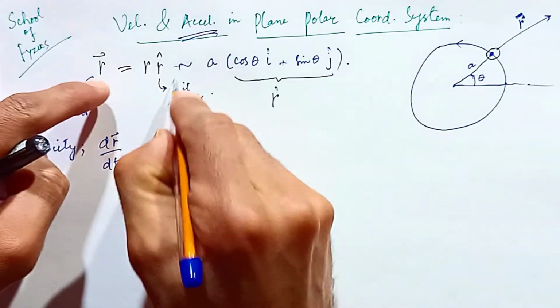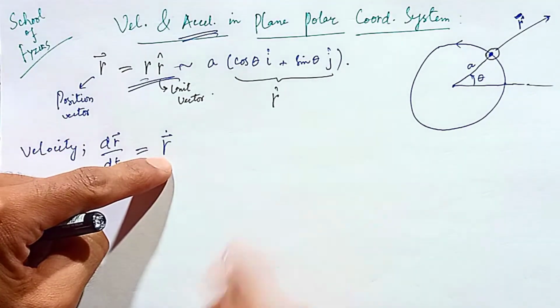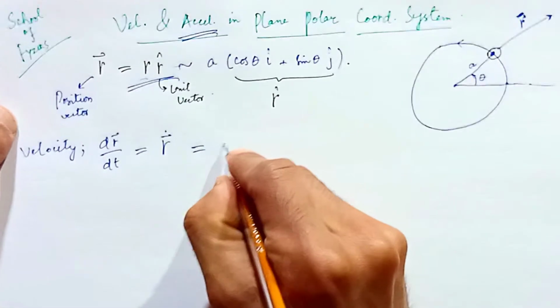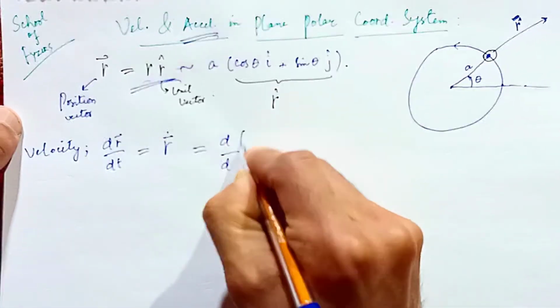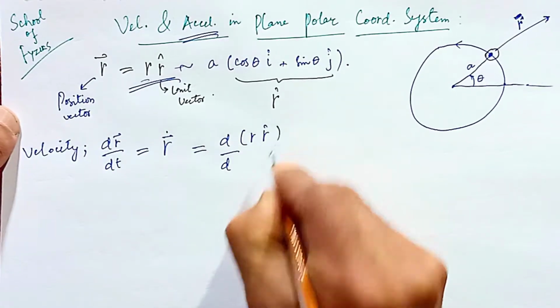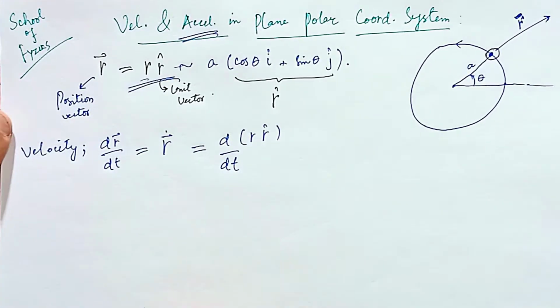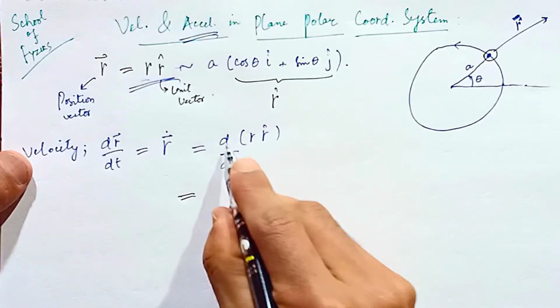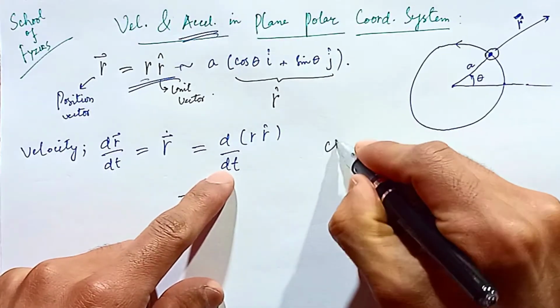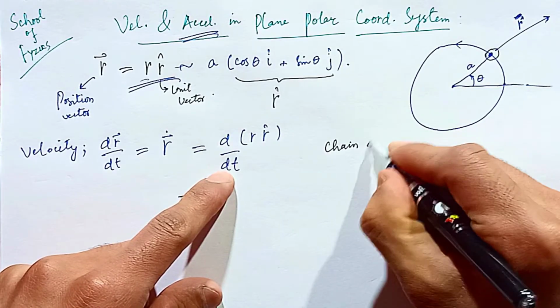So differentiating this very thing with respect to time, that means we are differentiating r hat with respect to time. This will be given as, first we will apply here the chain rule, differentiation chain rule.